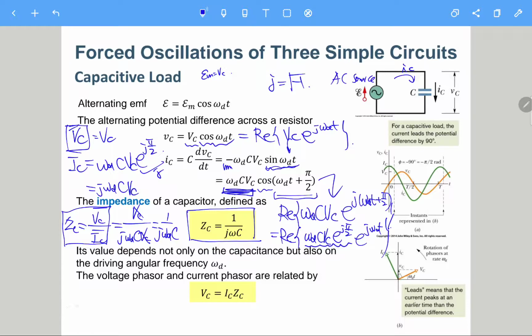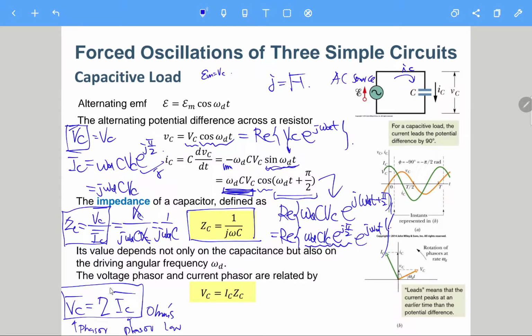And in that case, it will satisfy Ohm's law. So we have Vc, the phasor of the voltage, equals Z times Ic, the phasor of the current, where Z is the impedance. So this is somehow like Ohm's law, and this is why we need to use the phasor.